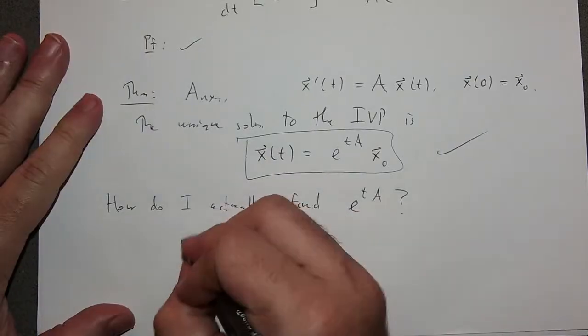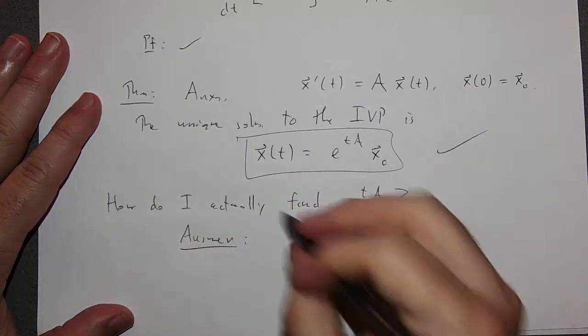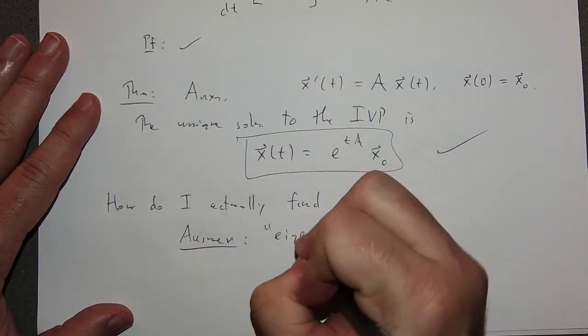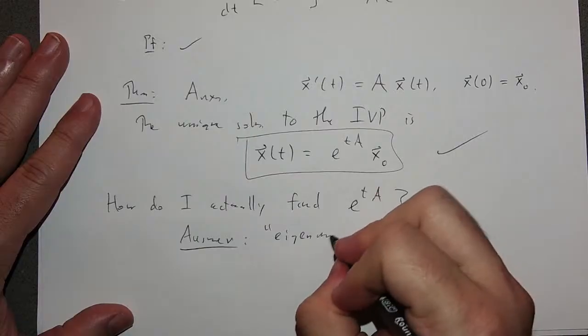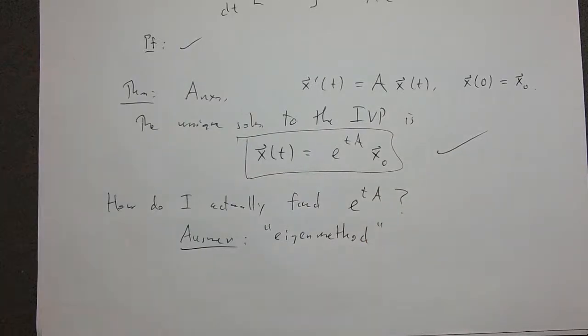The typical way that you learn to do this, and maybe the quickest and dirtiest way, is the eigenmethod approach. This is how you learn to do it in Math 243, Math 246. This is what you are likely familiar with if you've had a differential equations course before.